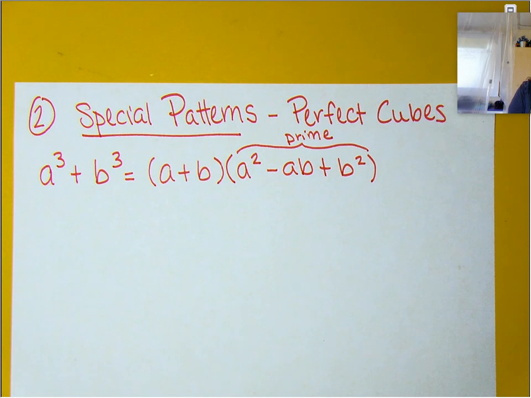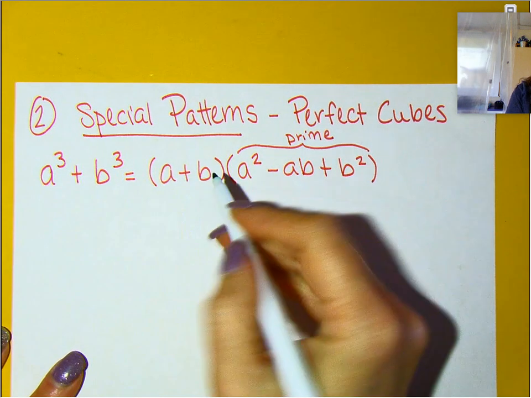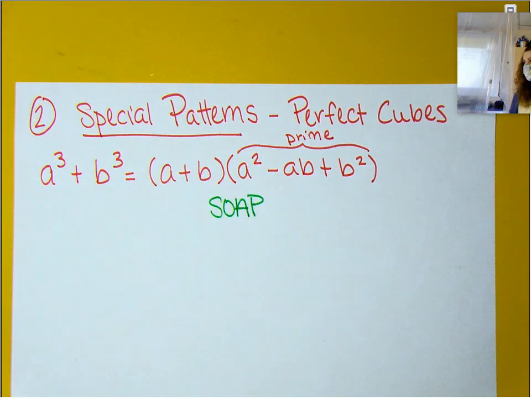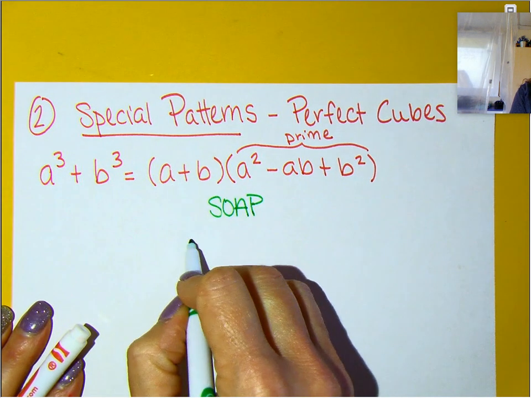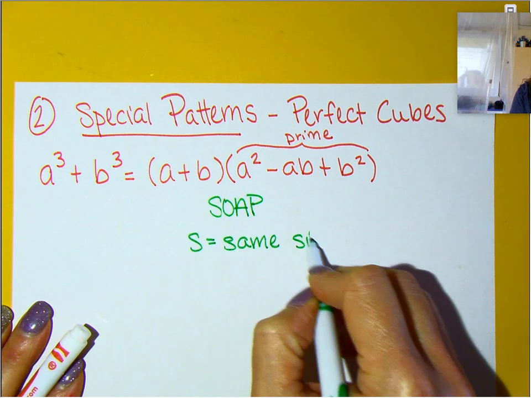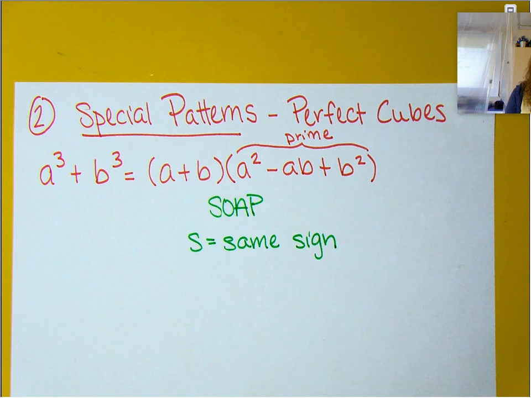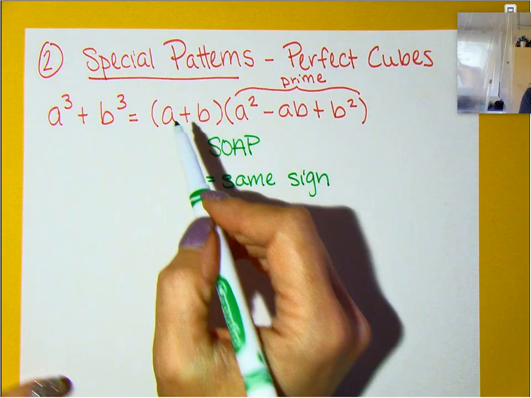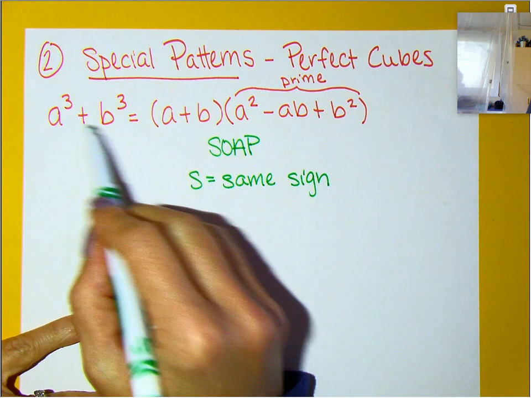Now let's talk about the signs. You do have to memorize this pattern, but the signs are going to be memorized using the acronym SOAP. That's how we get our signs. S stands for same sign. So the first sign is the same sign. If you're given a plus, you've got a plus here.